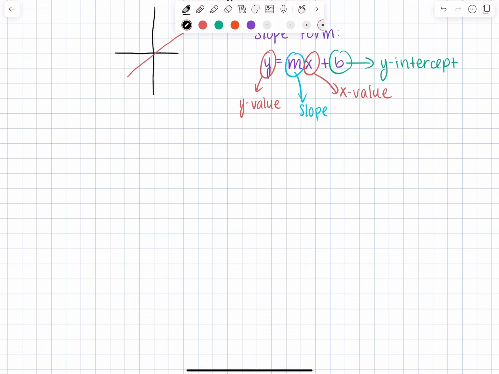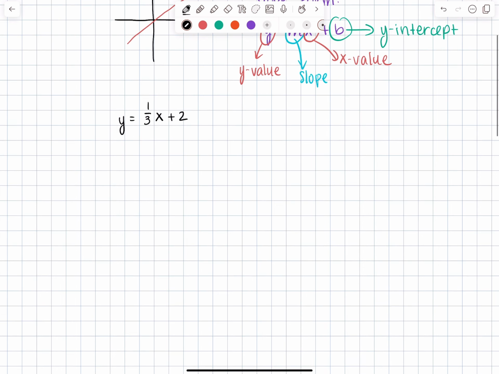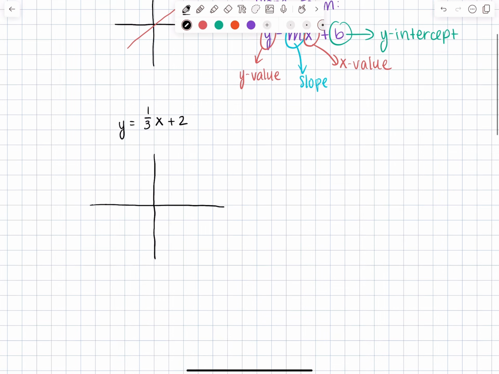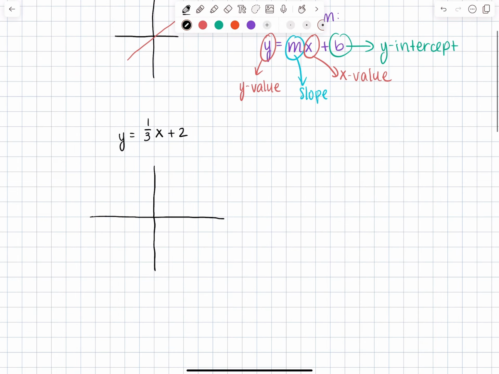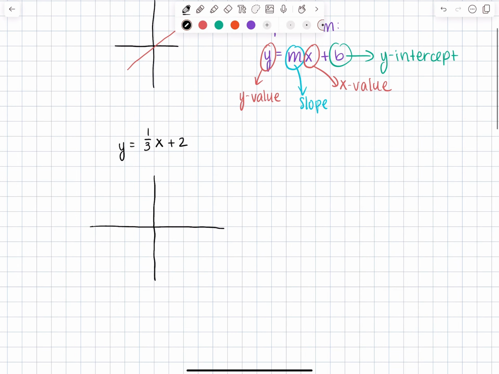So let's look at an example. We have the expression y equals 1 over 3 x plus 2. When we have an expression like this, it's important to identify your slope, y-intercept, x value, and y value, to make sure you're getting the right answer. What is our slope?